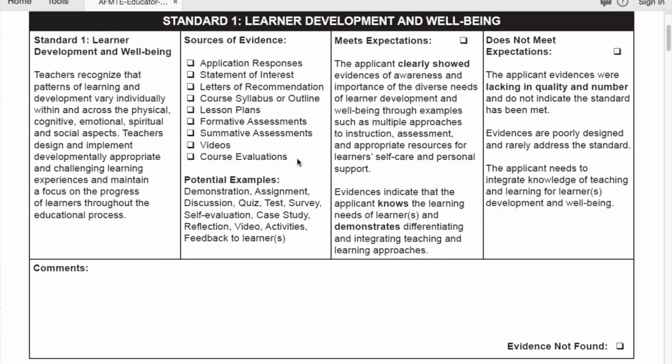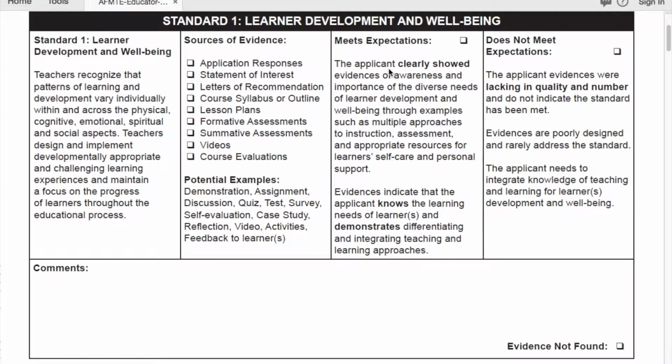So how you might demonstrate design and implementation might be how you put together your syllabus and your lesson plans. How you maintain a focus on the progress of learners throughout the educational process, maybe that happens in your videos. Maybe that's apparent in your assessments and your graded assessments.